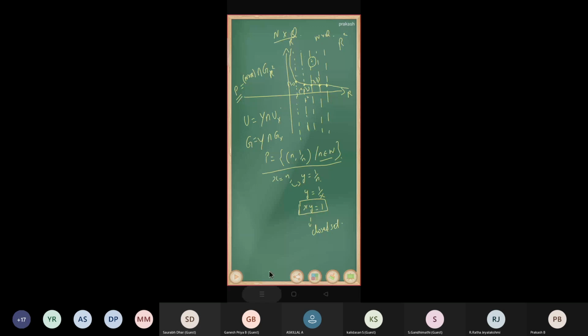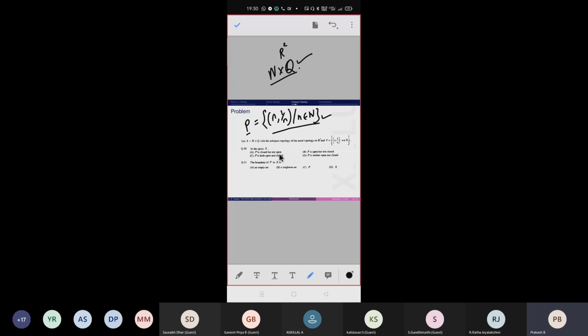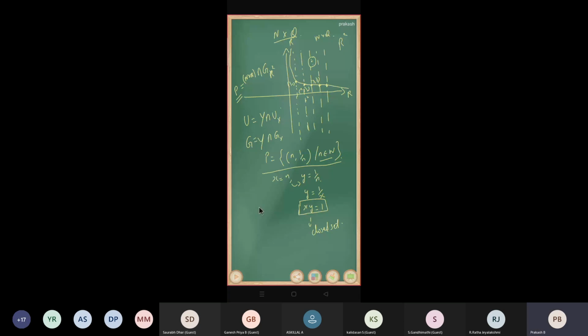So P is closed. Now we want to check whether it is open or not. So what is the definition of an open set actually? We are working in the usual topology, that is the usual metric space. You know that if you want to say a set U is open, then you have to show that for each x belonging to U, there exists a basis element which contains x and it must be in U, right?